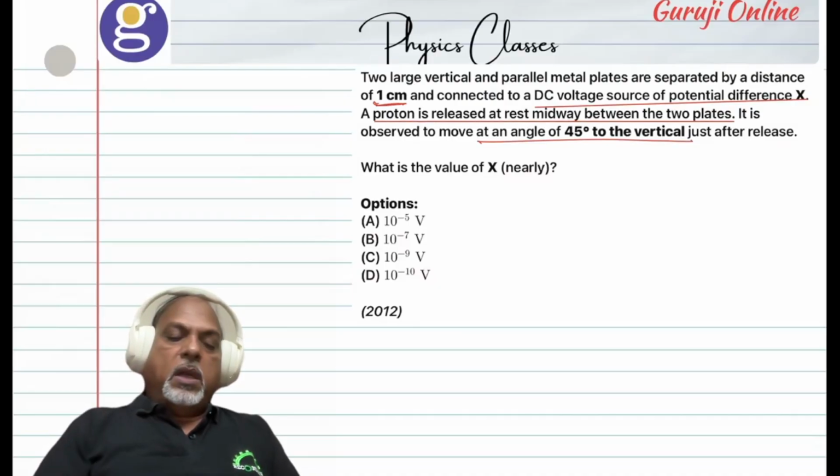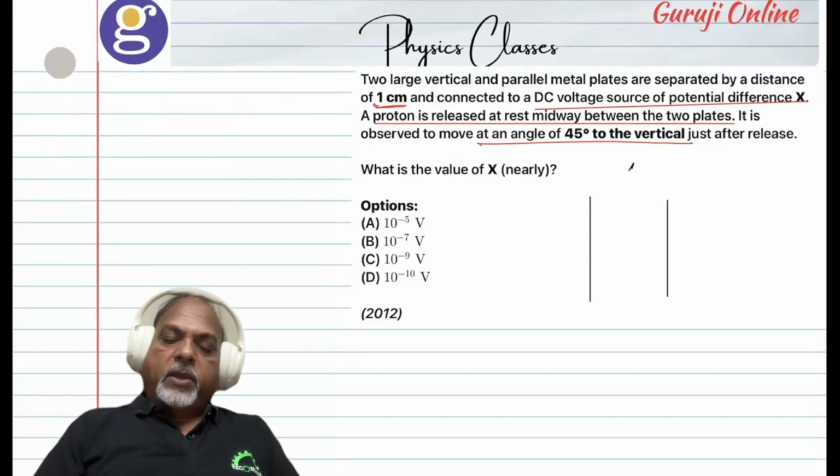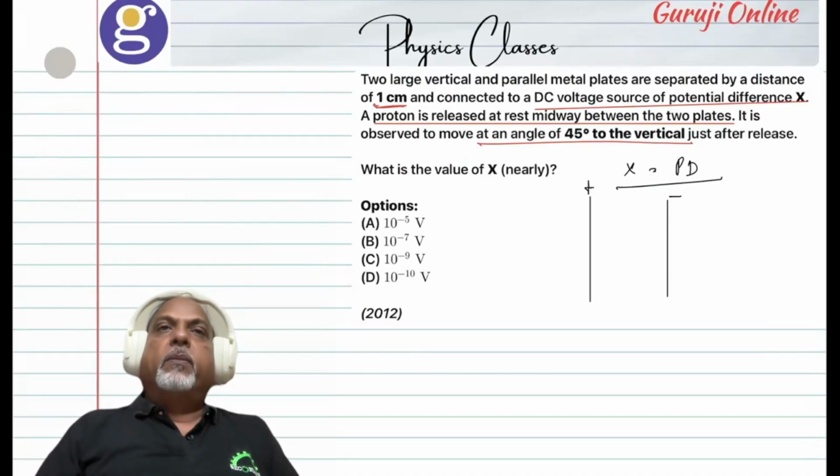So first of all, let us make the diagram. Two parallel plates are there, and there is a potential difference between these two plates, that is X. Suppose this is the positive and this is the negative plate.